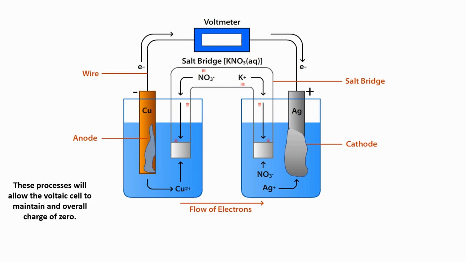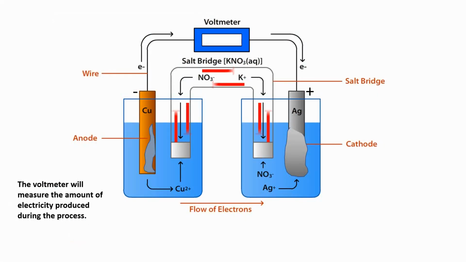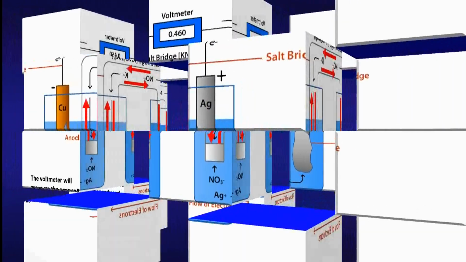These processes will allow the Voltaic cell to maintain an overall charge of 0. The voltmeter will measure the amount of electricity produced during the process.